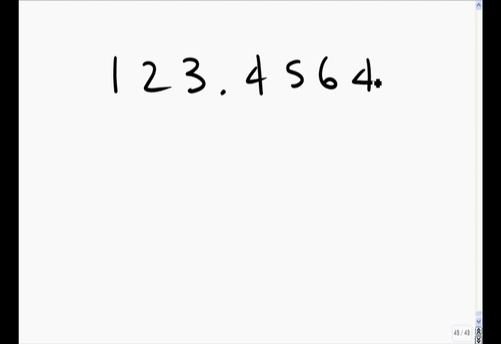Consider the number 123.4564. If we want to approximate this number to the nearest thousandths, we locate the digit to the right of the decimal that's in the thousandths position. This 4 is in the tenths, 5 is in the hundredths, the 6 is in the thousandths position. We look at the digit to the right.